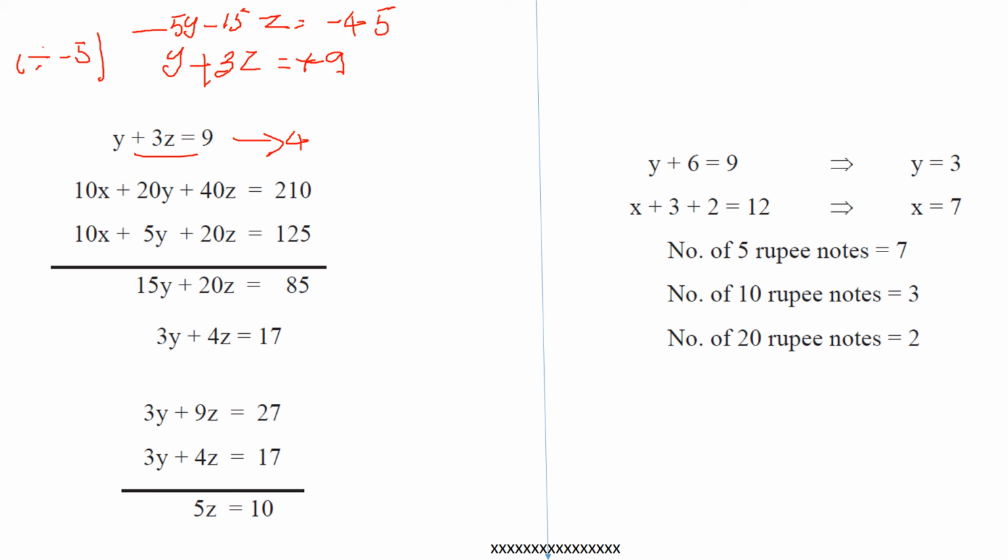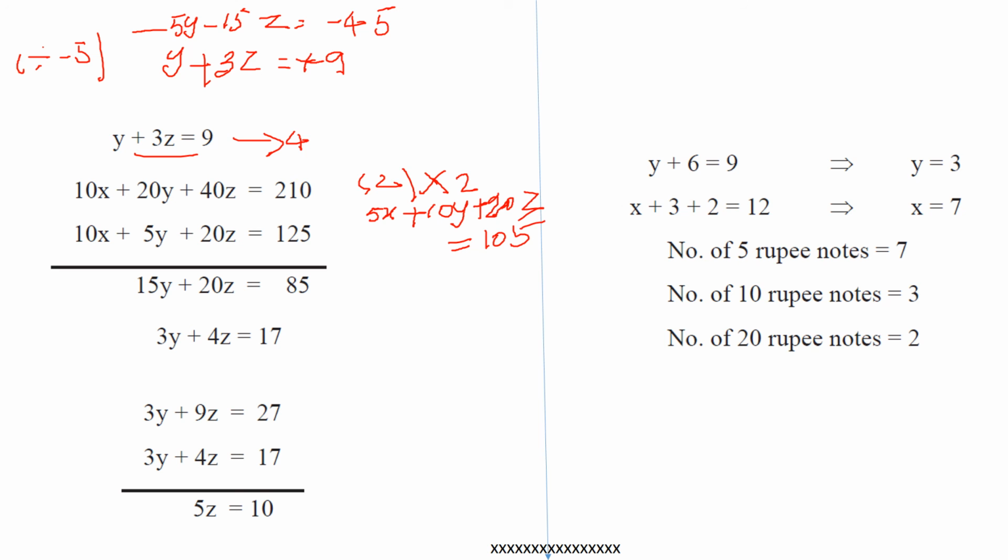Next we compare two equations and eliminate one variable. So we take second equation and multiply by 2. Our second equation is 5x plus 10y plus 20z equal to 105.